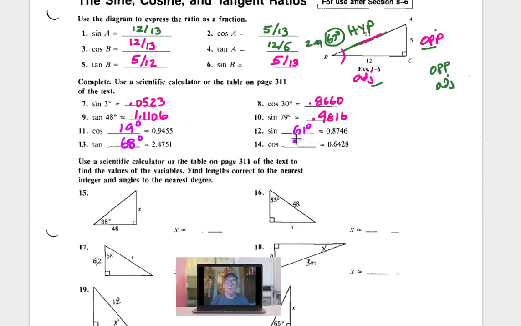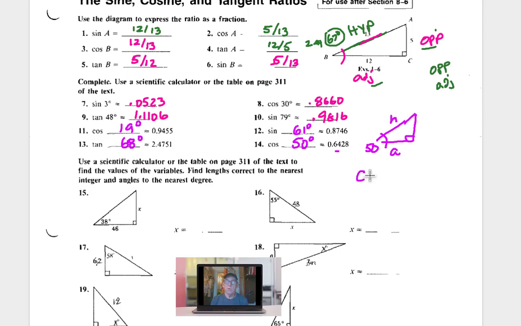So this tells us that if we have a triangle, let me kind of sketch one here, kind of recap this a little bit. If we have a right triangle, and one of these angles is 50 degrees, then we know that the ratio of the adjacent side to the hypotenuse came out to be 0.6428.